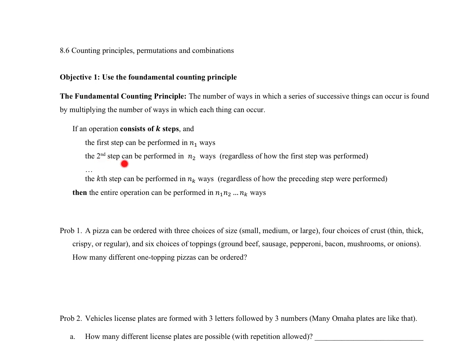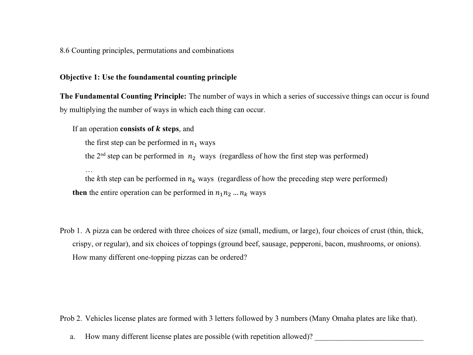Second step can be performed in n2 number of ways, regardless how the first step was performed, and so on and so forth. The kth step can be performed in nk number of ways, regardless how the preceding steps were performed. Then the entire operation can be performed in the product of n1 to nk number of ways.